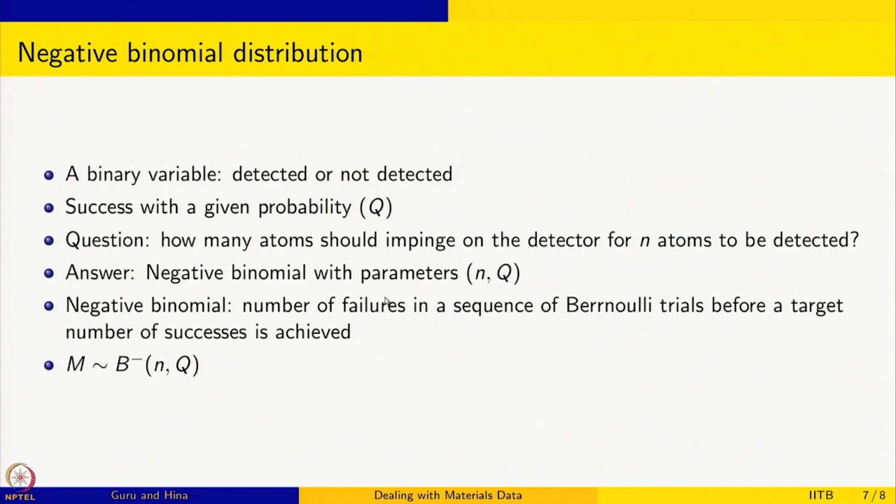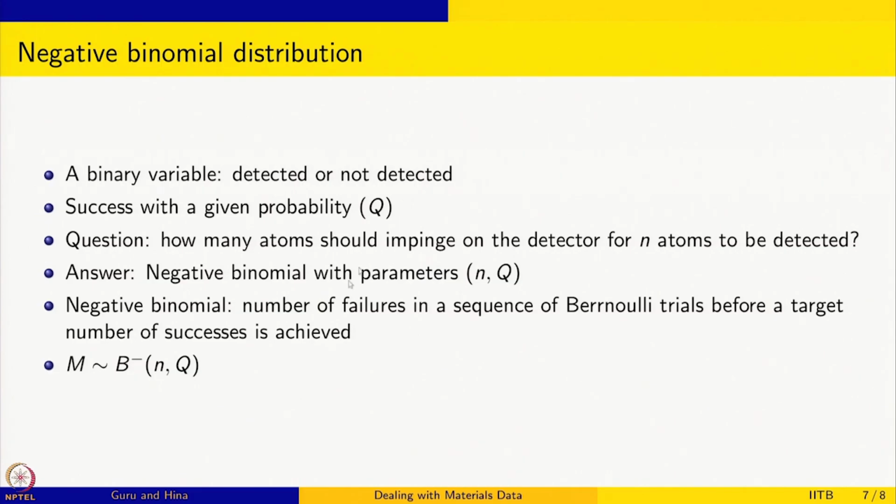Negative binomial is the number of failures in a sequence of Bernoulli trials, because it is a Bernoulli trial, remember that it is either detected or not detected, and the probability of detection is always q, it is not changing, and different atoms getting detected or not detected is independent. As the process goes on this is not going to change either. So, the detector is going to detect with the same efficiency.